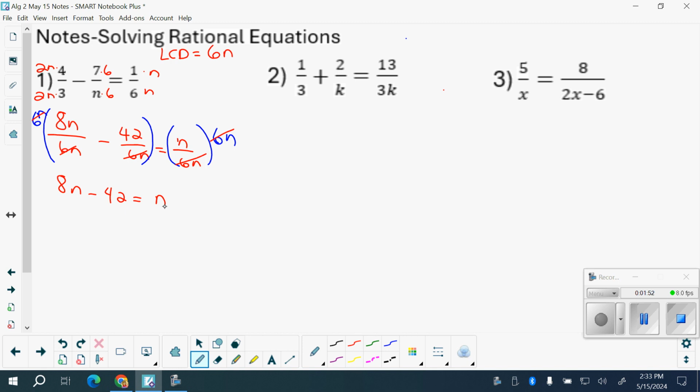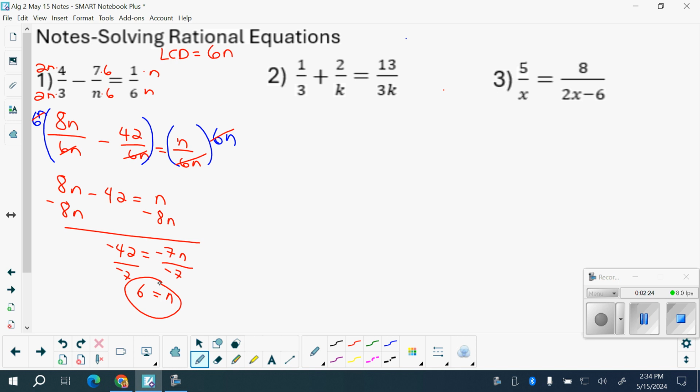So we want to solve for this. What would be the fastest way to solve this? Minus 8n, good, because we want our variables on one side and our number on the other. So again, this way is the fastest. And we get n is 6.